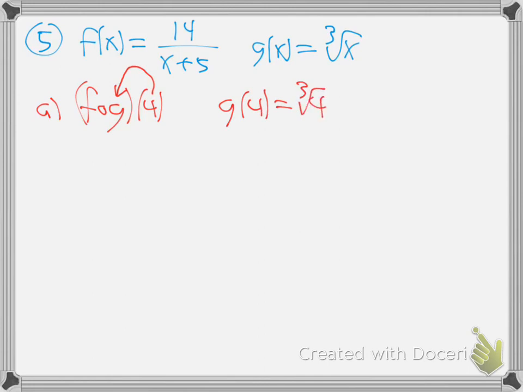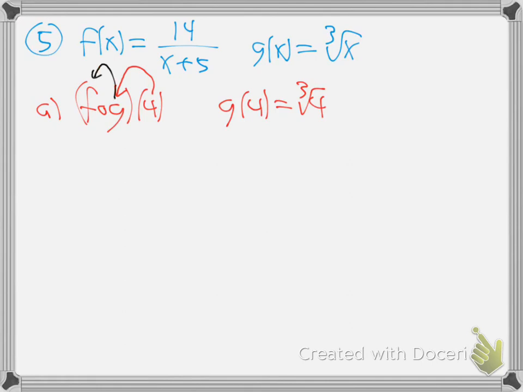And you can't really do anything with that. Cube root of 4 is just cube root of 4. They don't want a decimal number, and you can't. It's not 2, it's not the square root. So we just leave it like that. That's what comes out.